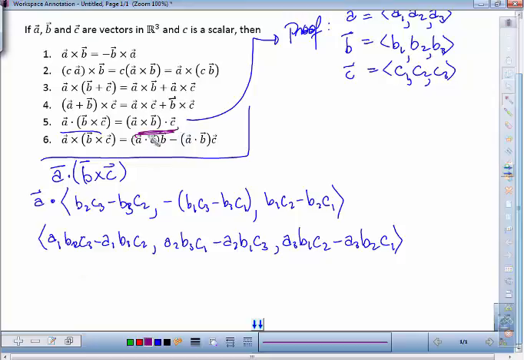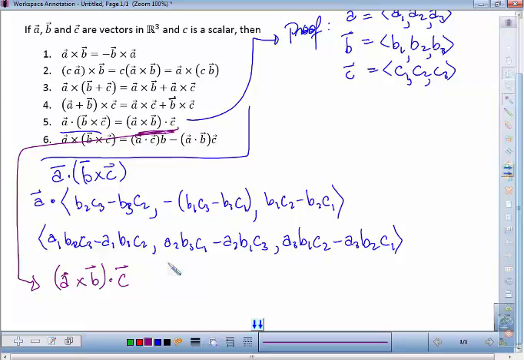So I'll take this A cross B dotted with C, and then we'll see how that works out.